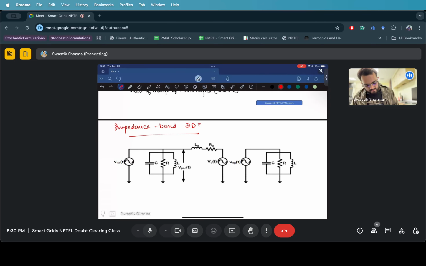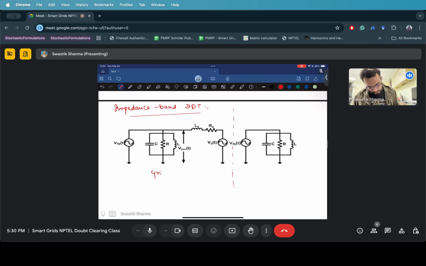So what happens in impedance-based is, okay, these are two separate. This is grid connected and islanded mode. This is a DG set or any distributed generation available, and there is some load that we are monitoring.